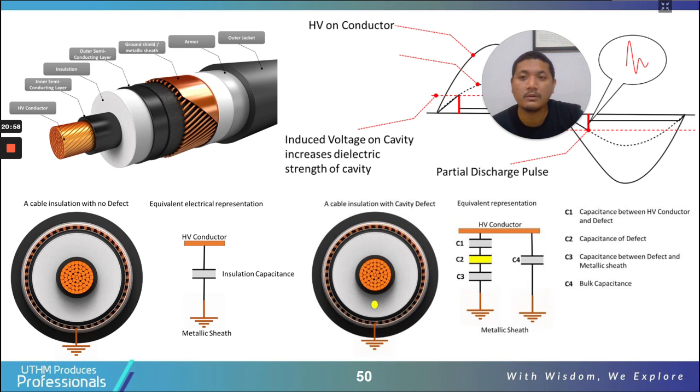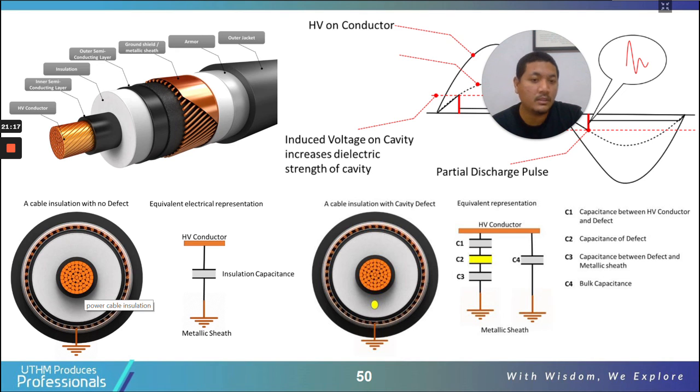Of course we also have the outer semiconducting layer, but let's not go into that. Just focus on the HV conductor, main insulation, and then the grounded metallic sheath.